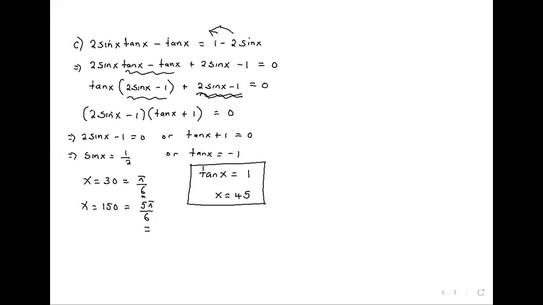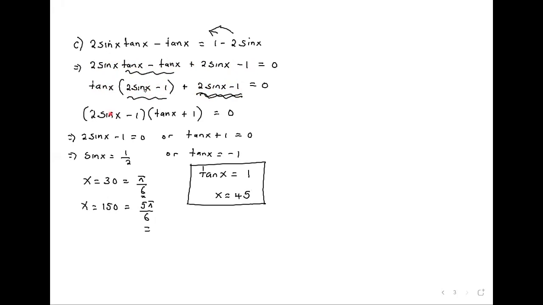How do we get tan x plus 1? So look at what we have. We have this whole thing here, and tan is common here. So we factor out tan. We remain with 2 sin x minus 1 plus 2 sin x minus 1. Now we see that we have this guy here and inside, so we factor this out.